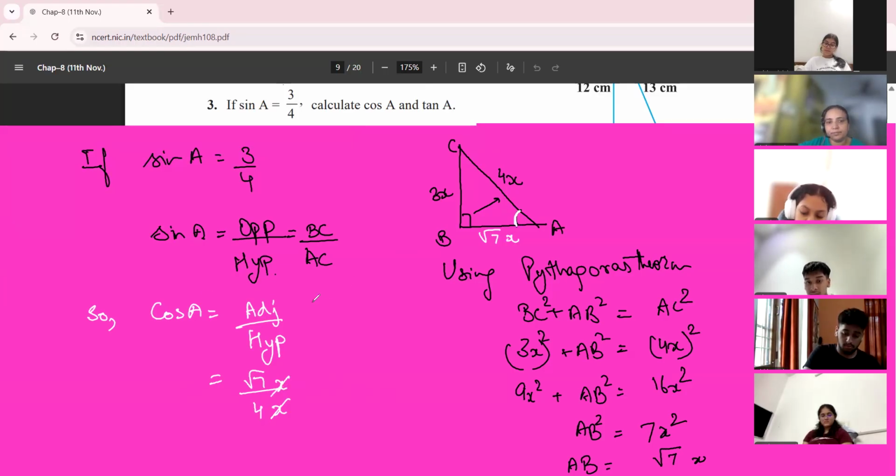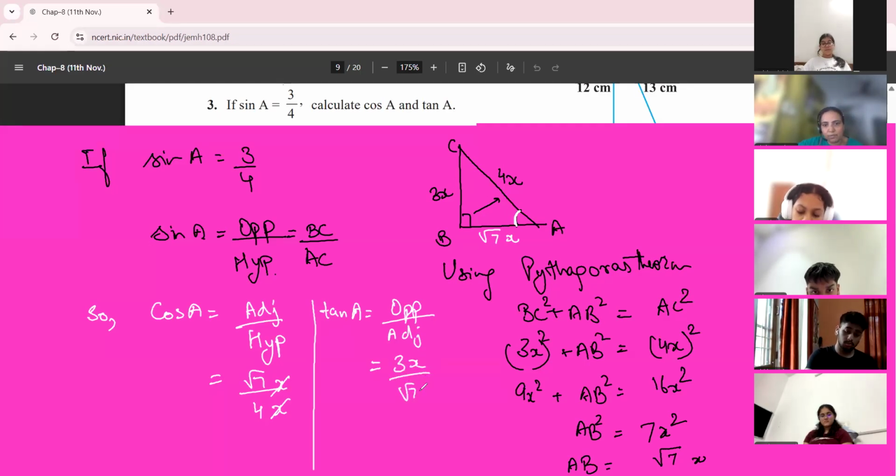Got it or not? For tan A, it is opposite by adjacent, which is opposite 3x by root 7x. X got cancelled. Understood or not? Is it clear everyone or not?